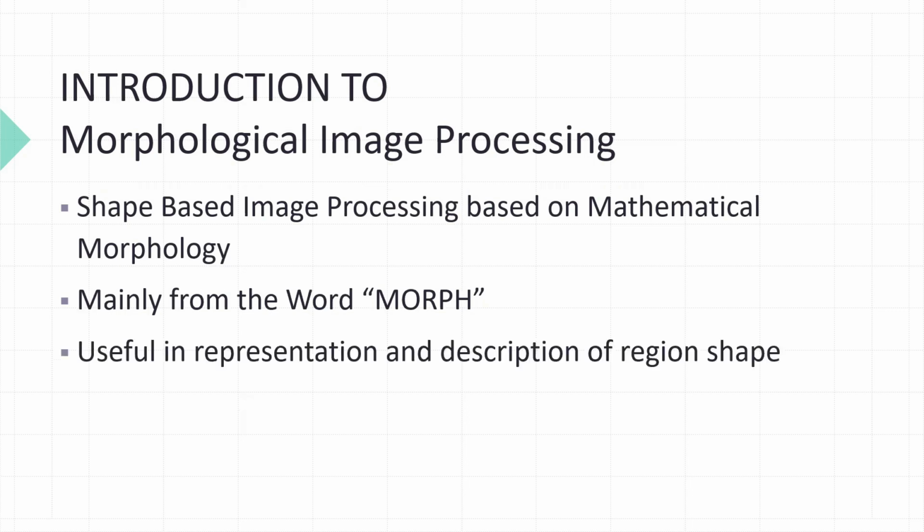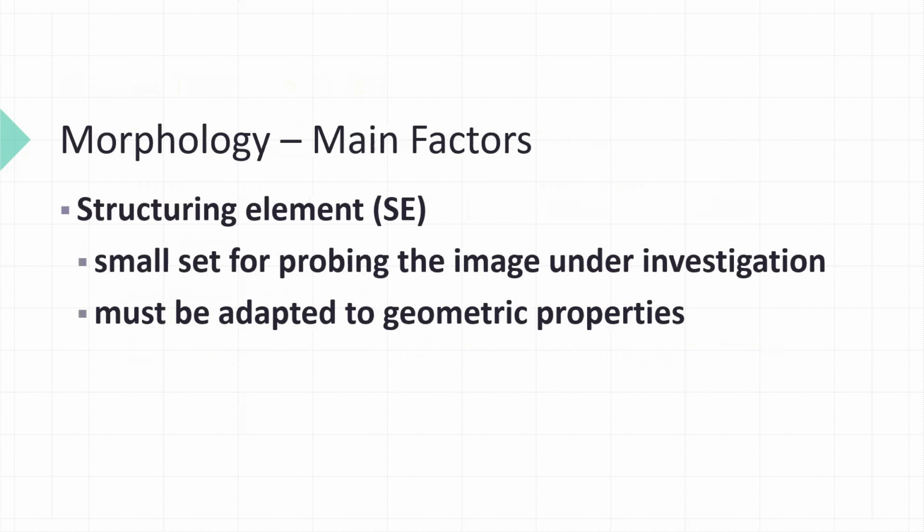Next, morphological image processing is mainly useful in representation and description of region shape, meaning how the region shape must be, and it is useful in describing the image, that is, the shape of the image. Next, what are the main factors of morphology?